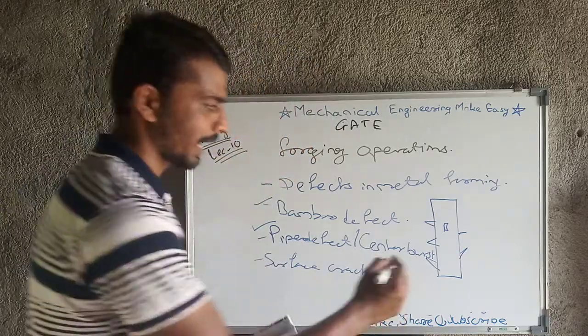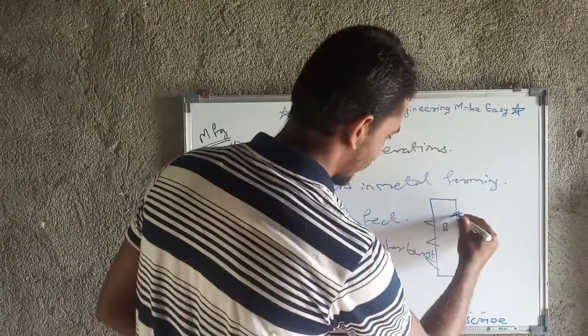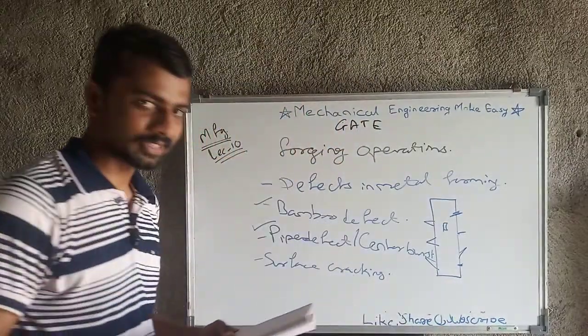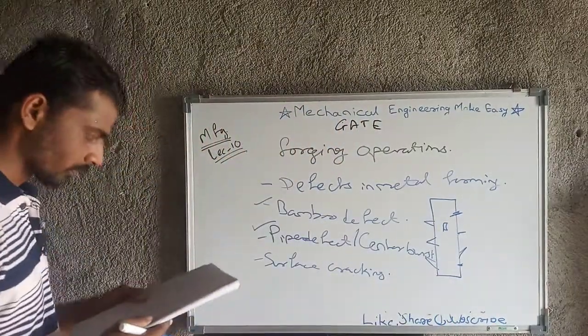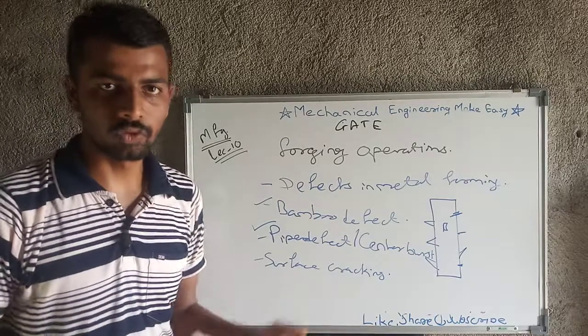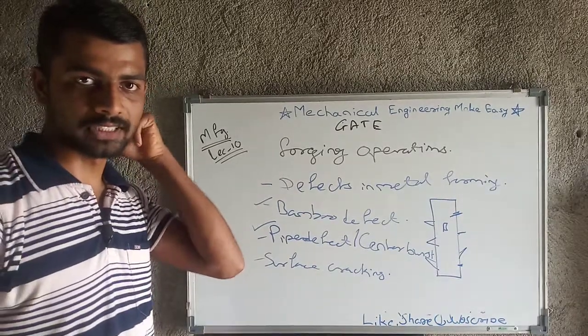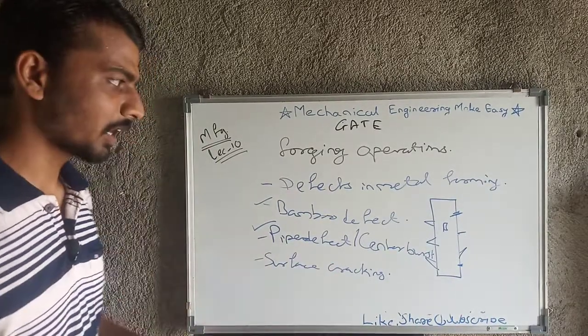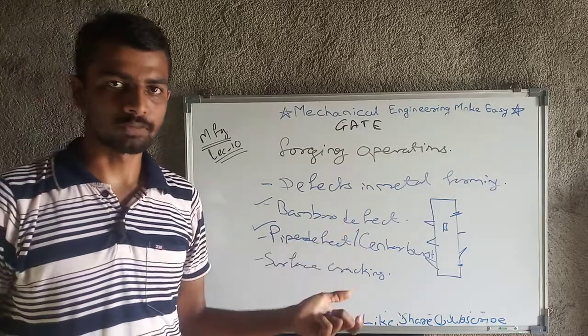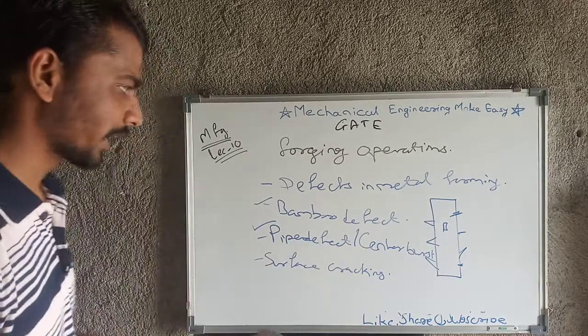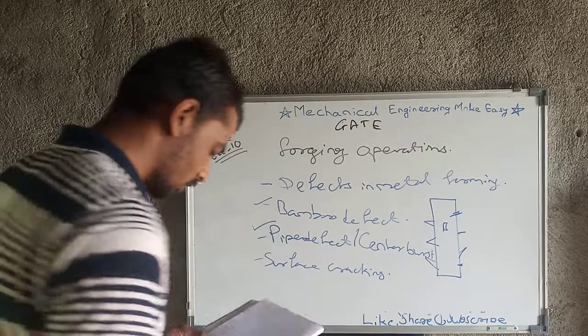Surface cracking means that if there is any crack on the surface, it is called surface cracking. Surface cracks develop because of the metal forming process. If the stresses are too high and the material cannot sustain that amount of stress, then ultimately cracks will develop. Then cold shut.